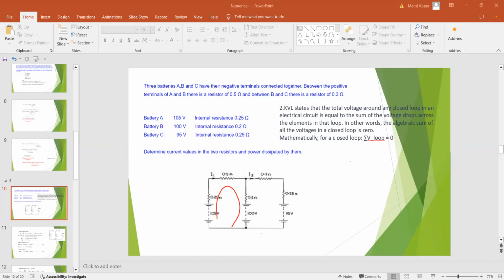Which terminal is coming here? This is the positive terminal of the battery, right? So 100, or you can take the other direction also, it doesn't matter. For understanding, because 105 is more, we can take this direction. Positive terminal of the battery is coming first, 105, then the negative terminal, 100.